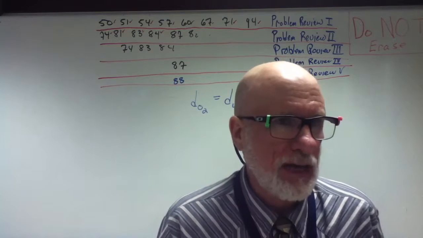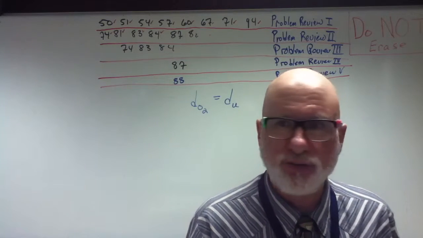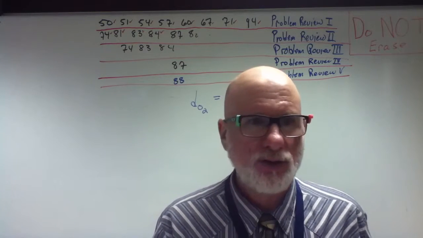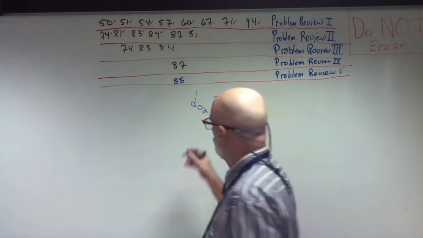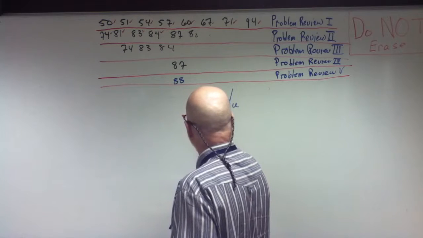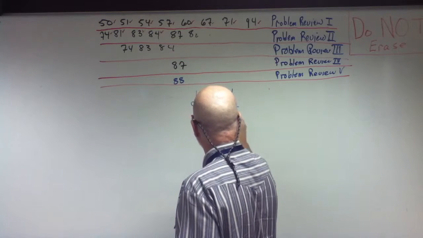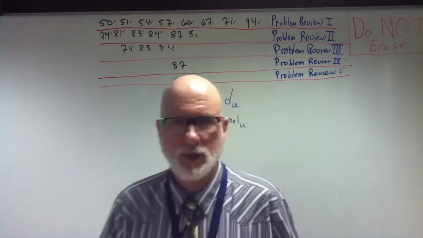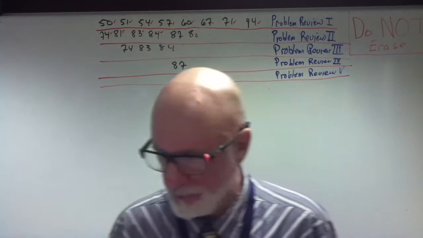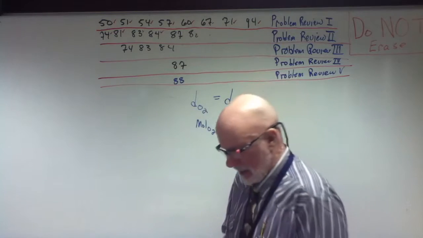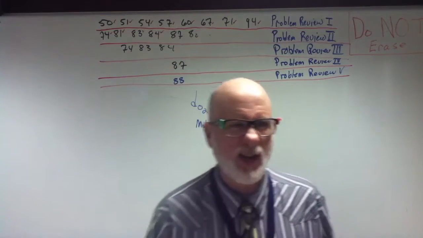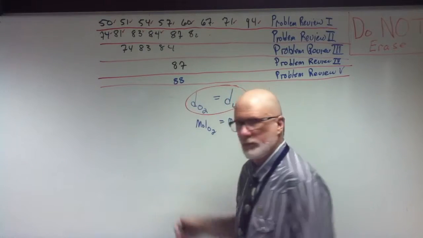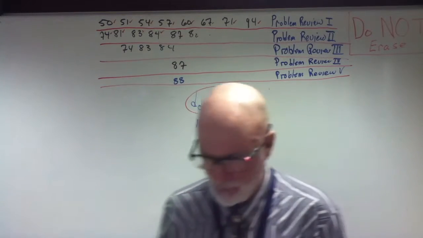You could also say, if you wanted to do it with moles per second as opposed to distance per second, that the moles are also the same, correct? Either way. But I also teach physics, so I like the top one. I'm going to show you why.